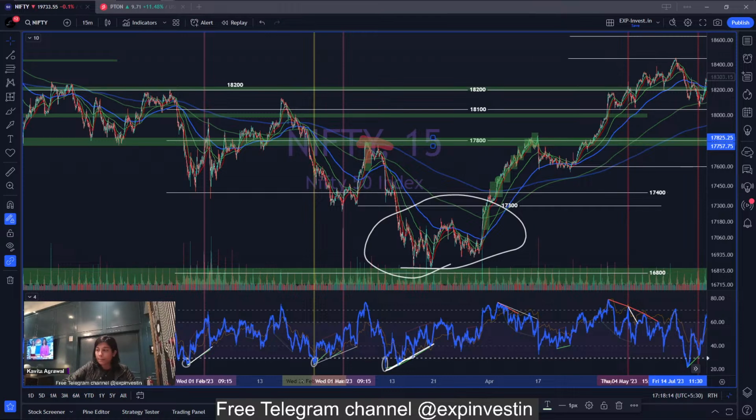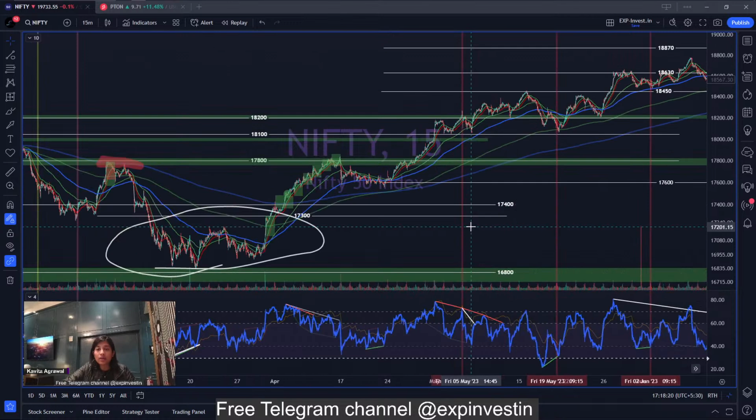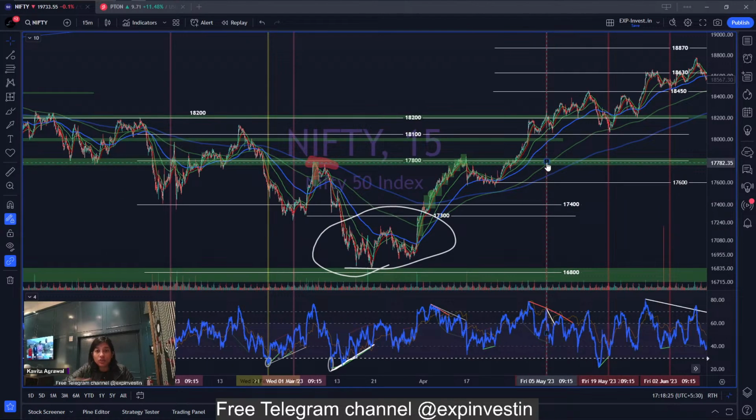So the support and resistance can also be zones instead of being just levels.